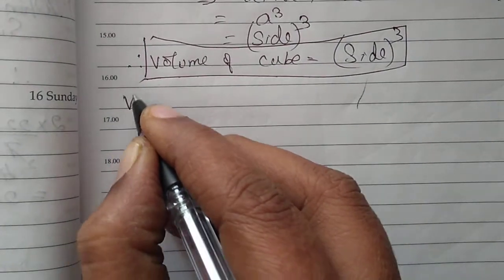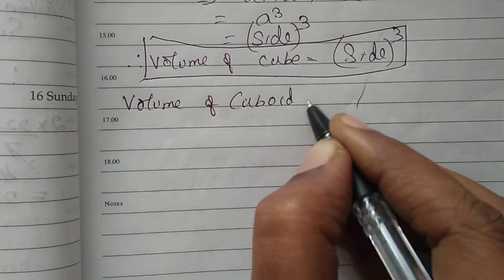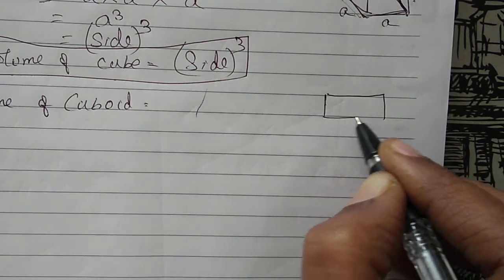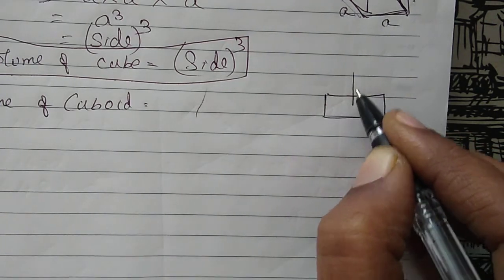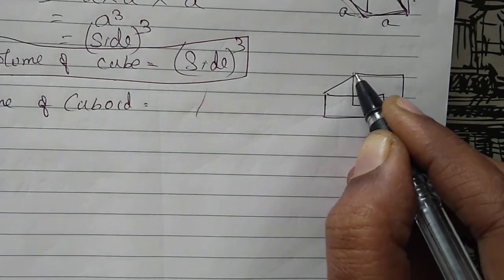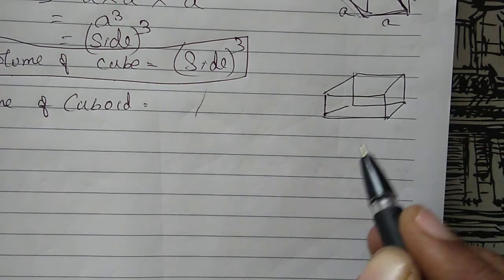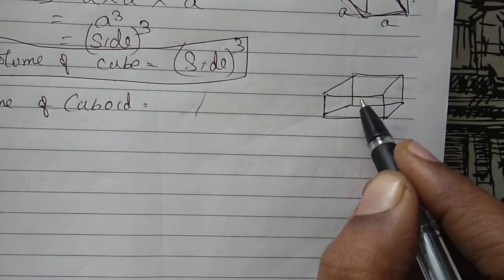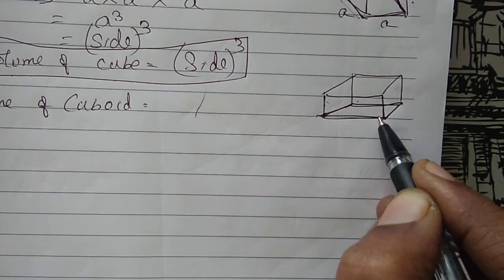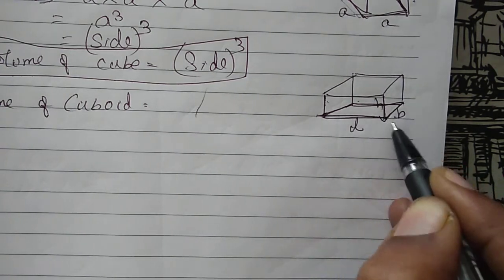Similarly, we learn now volume of cuboid. Cuboid, you know, is made of rectangles. Now how it occupies space inside depends on the base and the height. So here cuboid has length, breadth, height, everything different.